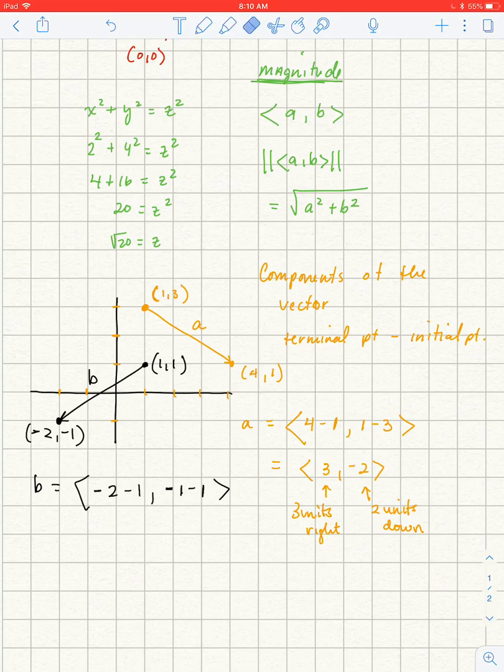And then that would give us negative 3, negative 2. And it should look like that. It's moving 3 units left and 2 units down.